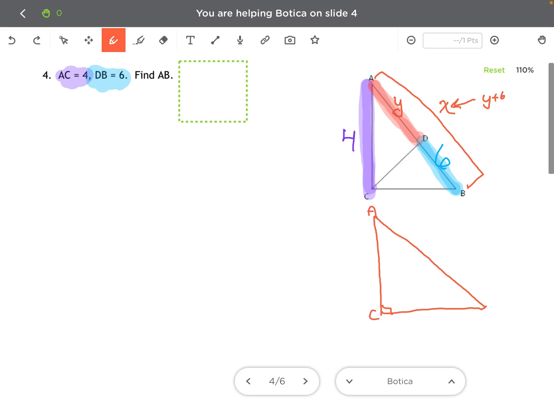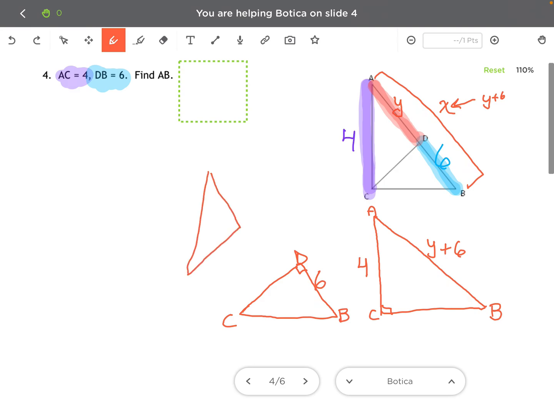So this is what I mean. Here's ACB. I have this is 4, and I have this piece is Y plus 6. I can draw my other right triangle, which is down here. I have D, C, B, and I know this is 6. I have no other information. And then you have this top right triangle right here.